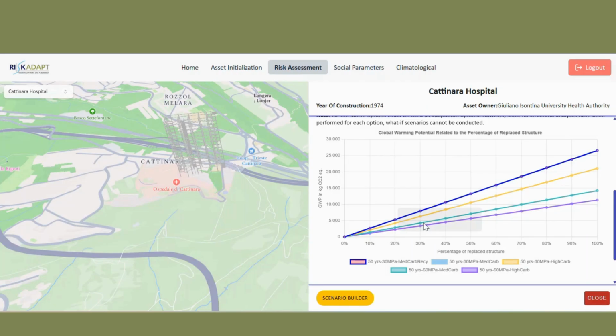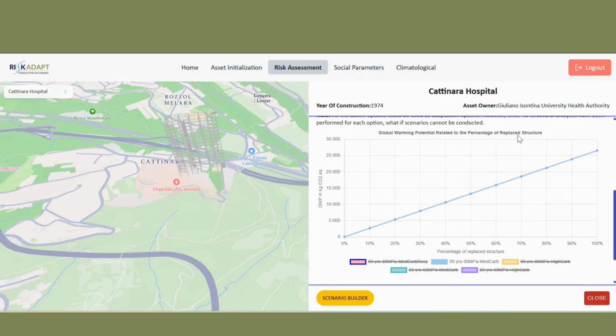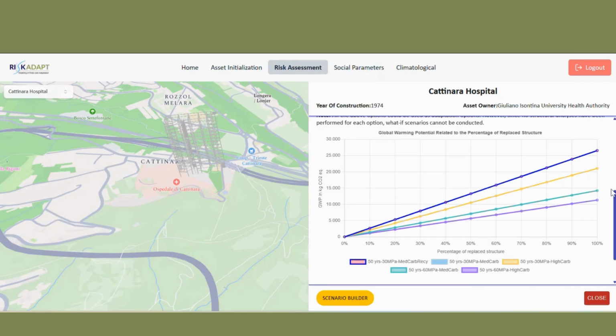So in this graph, you can see that if we replace a part or even the whole structure with each type of concrete, we end up with the GWP. And again, you can play with the graph. You can keep the one that you are more interested in. Also, as you can see, the first two curves are identical. So in this case, although we have 5 different options, we end up with 4 curves.